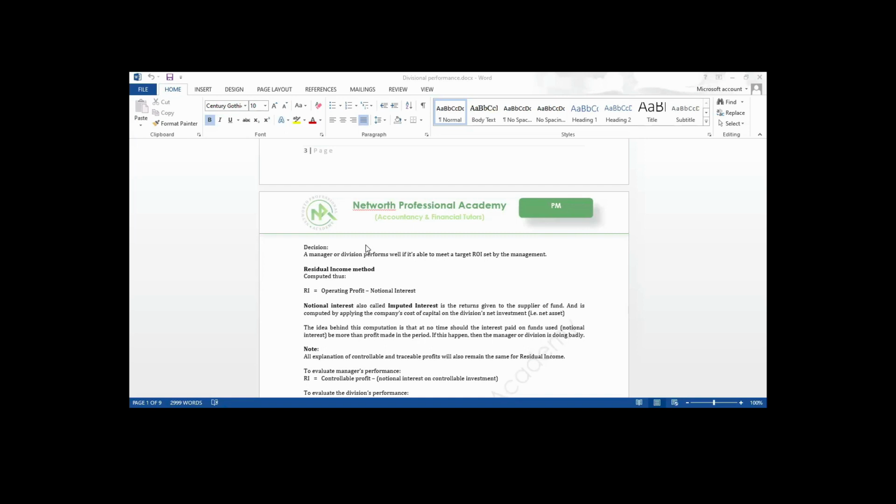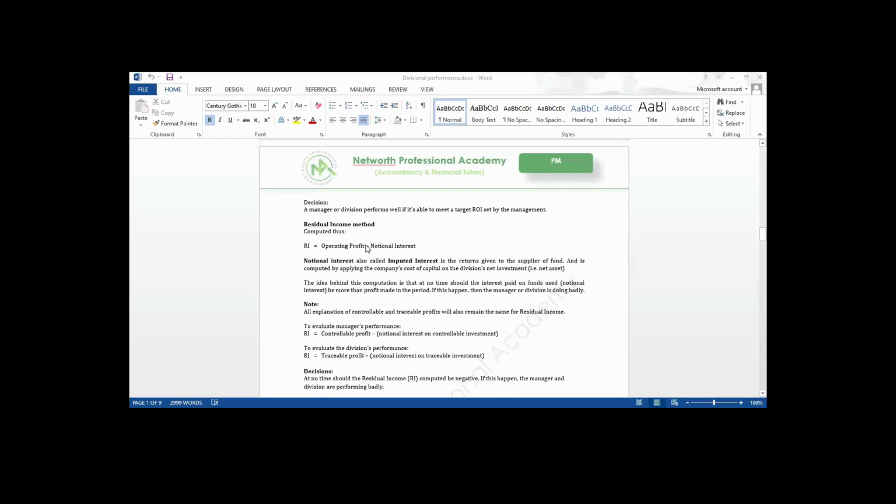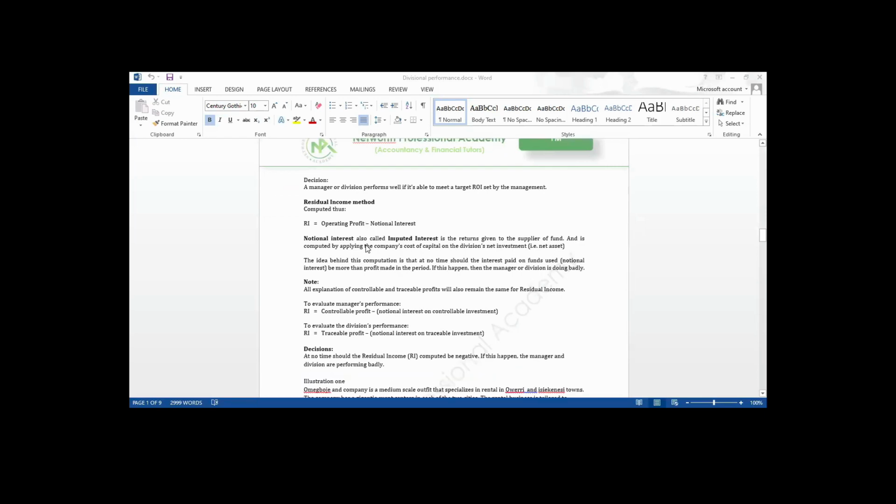How do we compute this? If you are to examine divisional manager performance, you are going to take the controllable profit minus notional interest on controllable investment. To compute this, you are going to take the cost of capital multiplied by the capital employed.